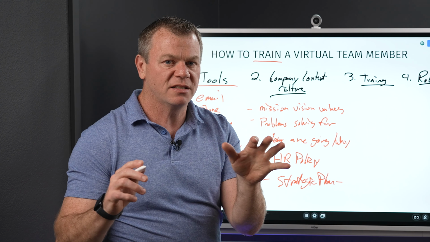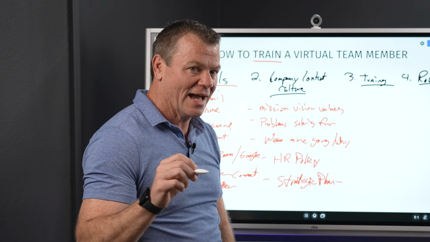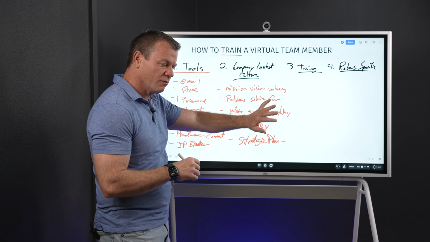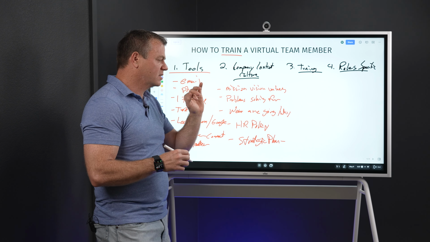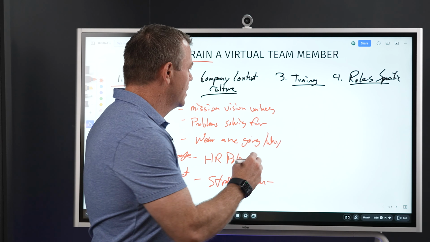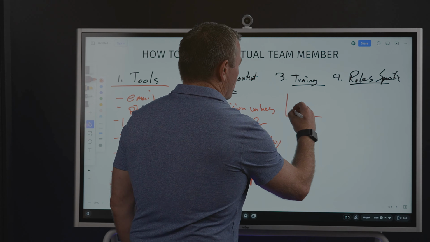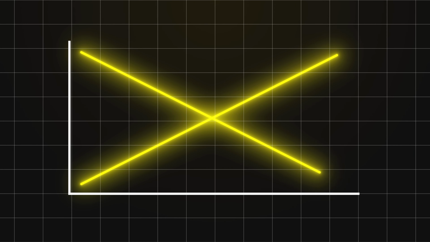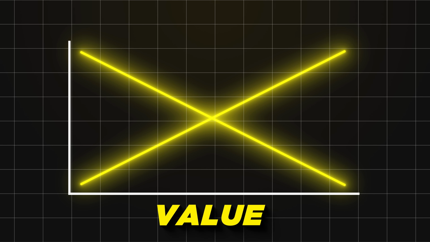I want to give you a perspective real quick before we jump into the tactical stuff. This is all tactical stuff, which is a big deal, but sometimes there's a mindset that's important. I'm going to draw right now, this is a slide we use all the time. On this axis, it's value, and on this axis, there's time.